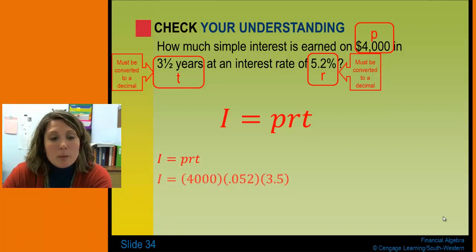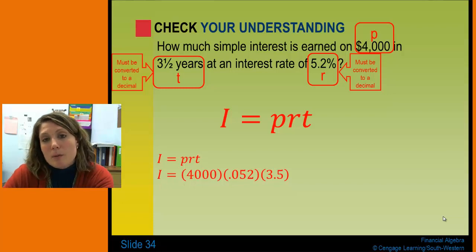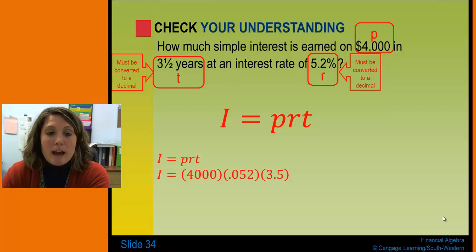So we fill in what we know. We know that the principal, or what we start with, is $4,000. The interest rate converted to a decimal is 0.052. And the time of 3.5 years, well, we know that a half is 0.5, so 3.5 years is 3.5. So for an interest earned of $728, excuse me.